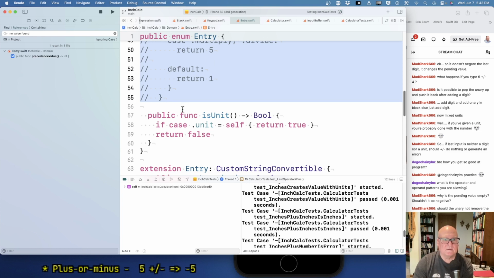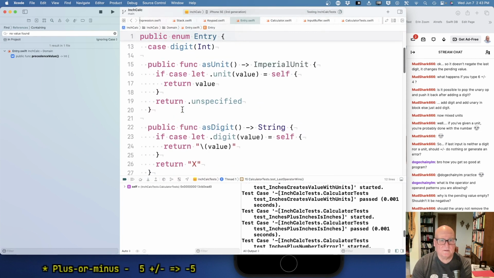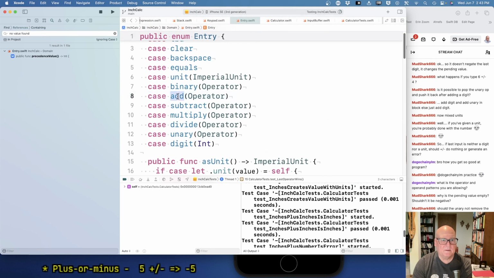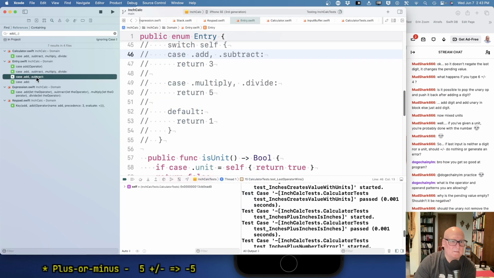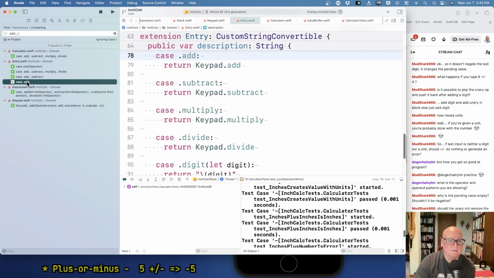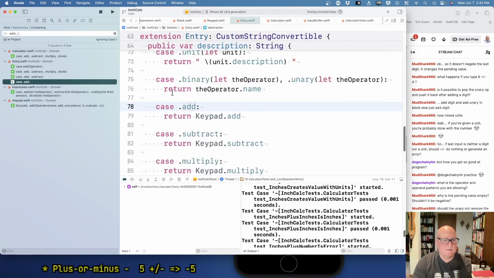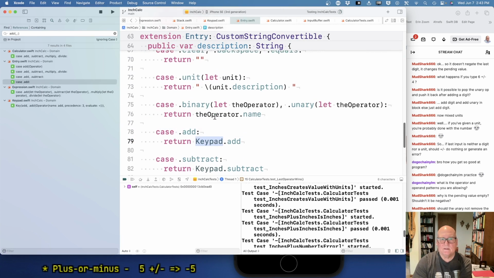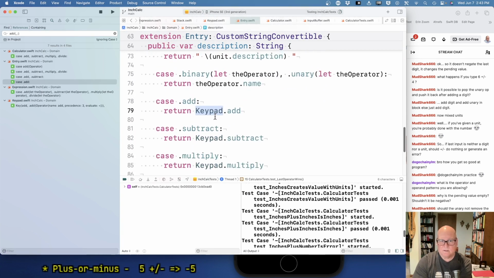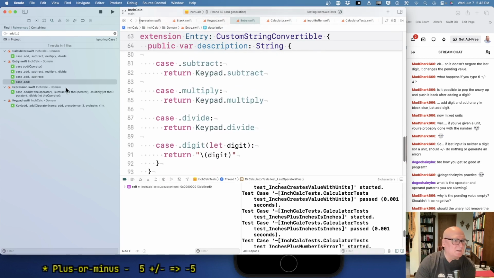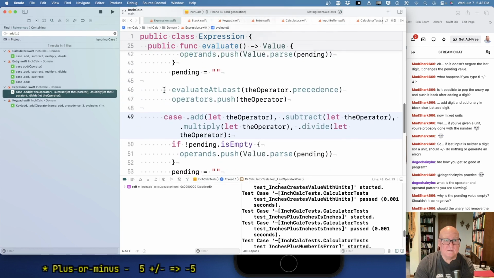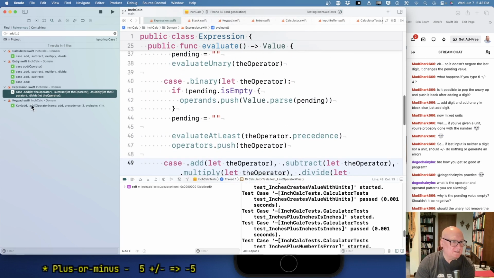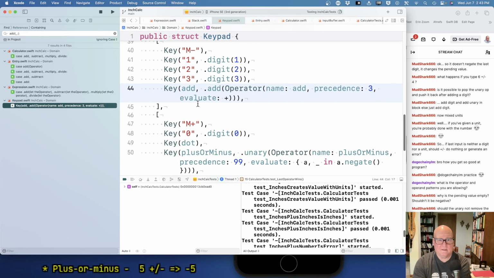Let's keep looking. That's that one, this one, add. Okay, the operator.name, keypad.add. That actually should be using operator.name as well. Okay. Let the operator, this one we checked. Key.add.